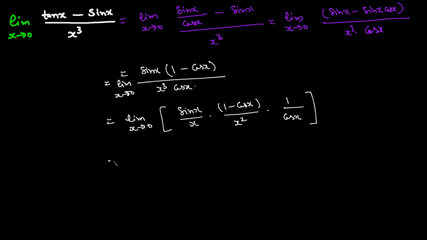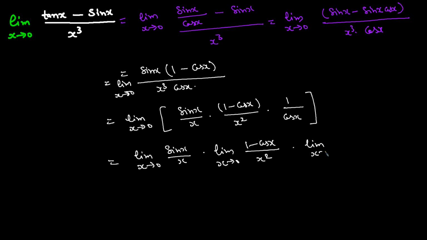All right, so limit x approaches 0 of sin x over x, into limit x approaches 0 of 1 minus cos x over x squared, into limit x approaches 0 of 1 over cos x.